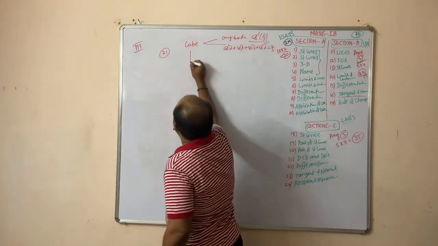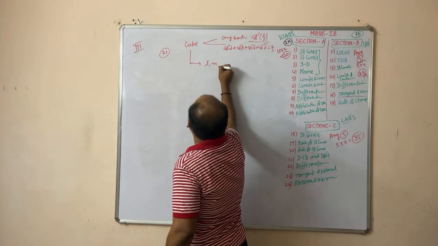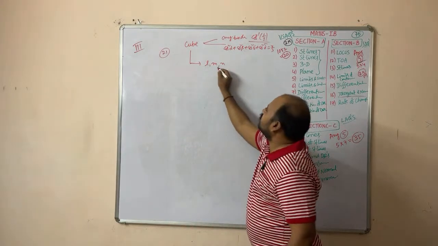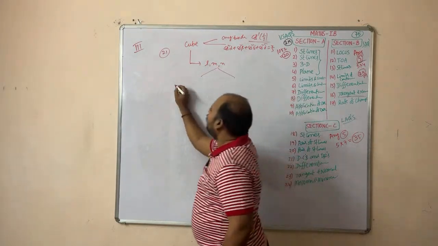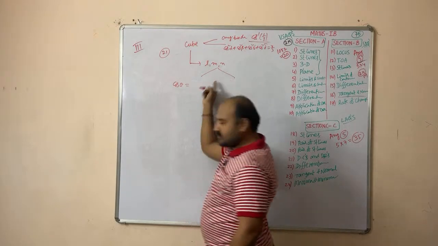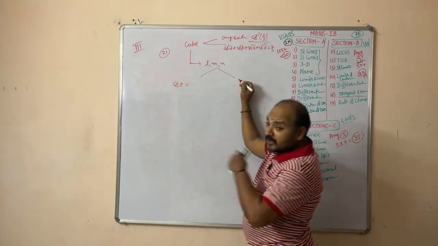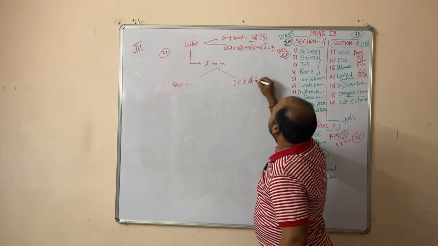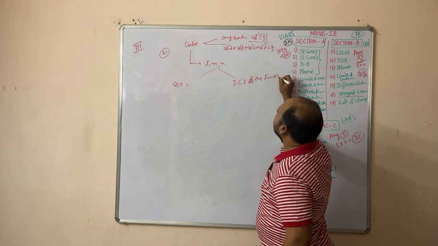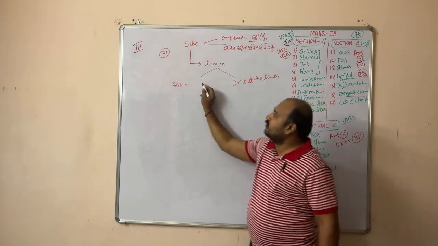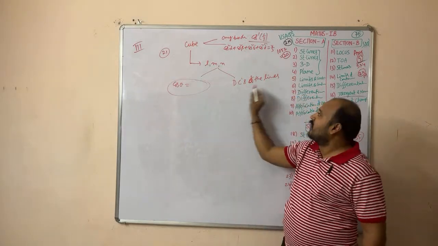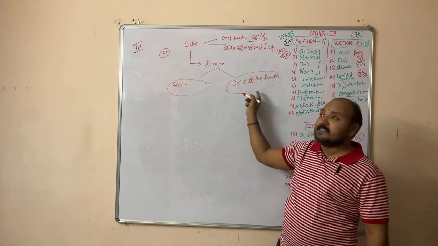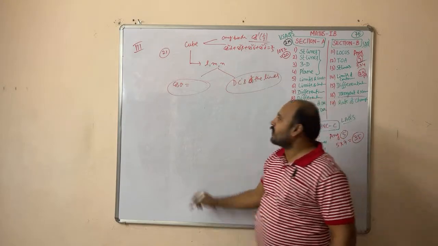Next, element problems. In these element problems, there are 2 categories. Find the angle between the 2 lines. Another one is find the direction cosines of the lines. One is cos theta, another one is find DCs of the given lines.